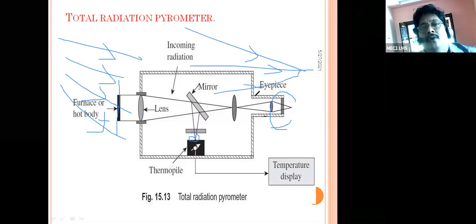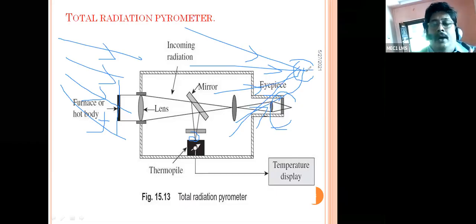All the radiations will meet at one point. Then automatically we can find the temperature of that radiation-emitting body. If it is like this, we cannot measure the temperature.